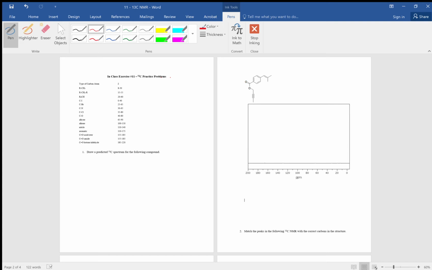Now, first thing we could ask ourselves is how many peaks do we expect to see in this spectrum? So take a moment and count up the number of different types of carbons that you'll have. Because remember, the number of different kinds of carbons that you have in a molecule is the determination for how many peaks you're going to get.